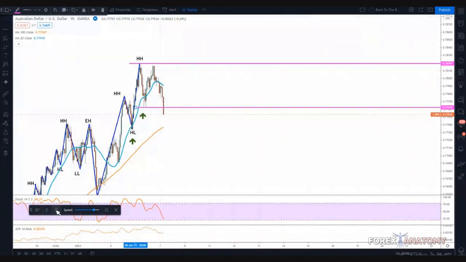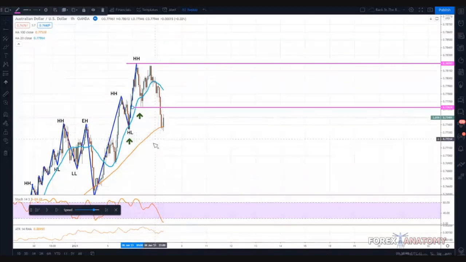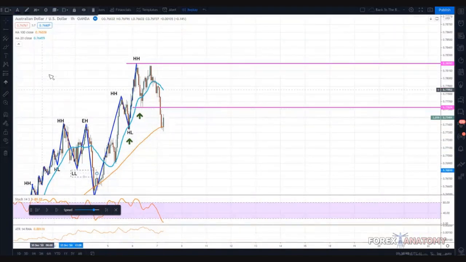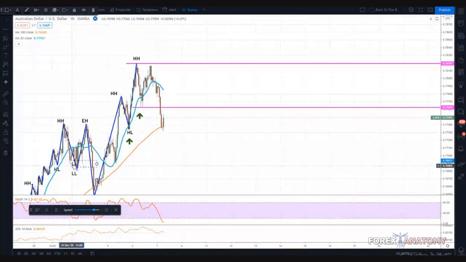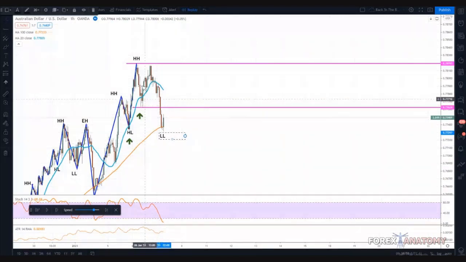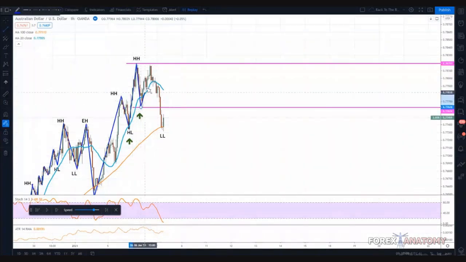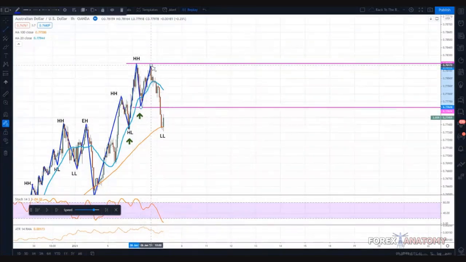We now have what you would consider to be a potential lower low right here. So let me clone this or copy this and drag this right here. So now we have what you would call a lower low in this case. And if you want to, you can draw in your waves if you want, because this would be an equal high.